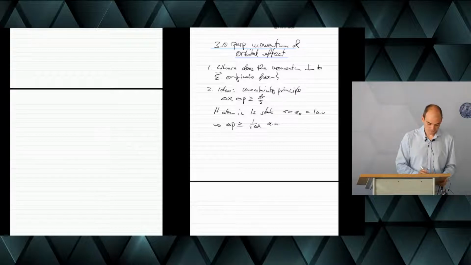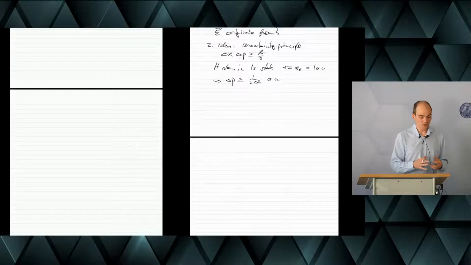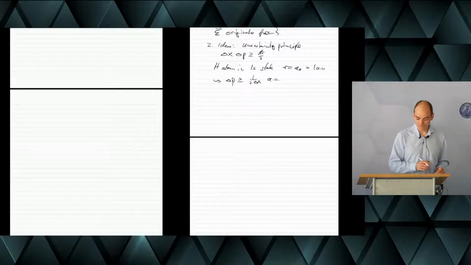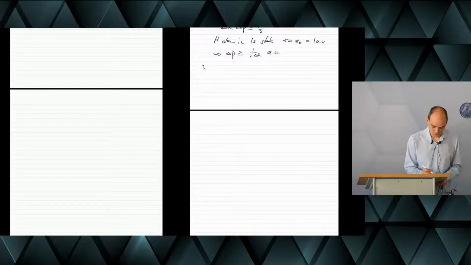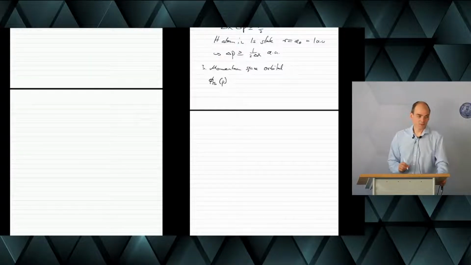And actually, we know the spatial orbital, and that means we can also calculate the momentum function, the momentum space orbital, phi of p instead of psi.